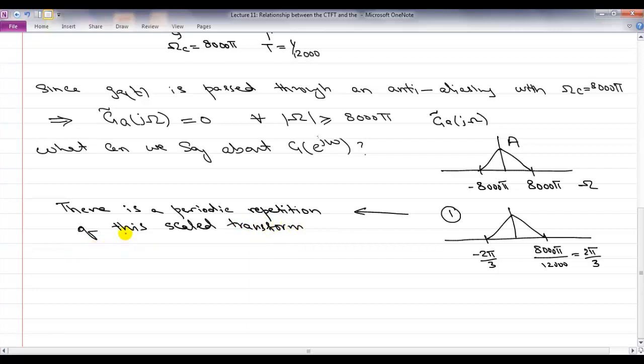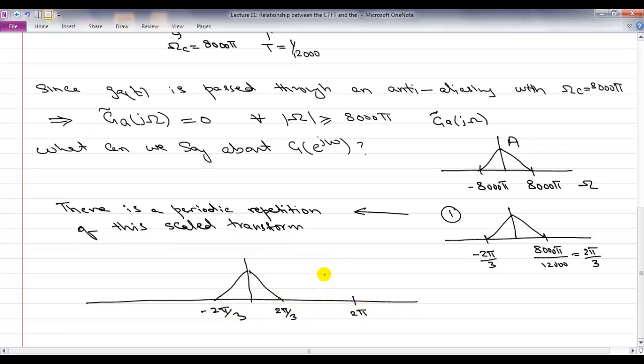So you now take it, place it at 0, 2 pi, minus 2 pi, and so forth. Okay. So the next step is you actually get the same thing. You will have it at 0. So you have this 2 pi by 3, minus 2 pi by 3. You have another copy at 2 pi.